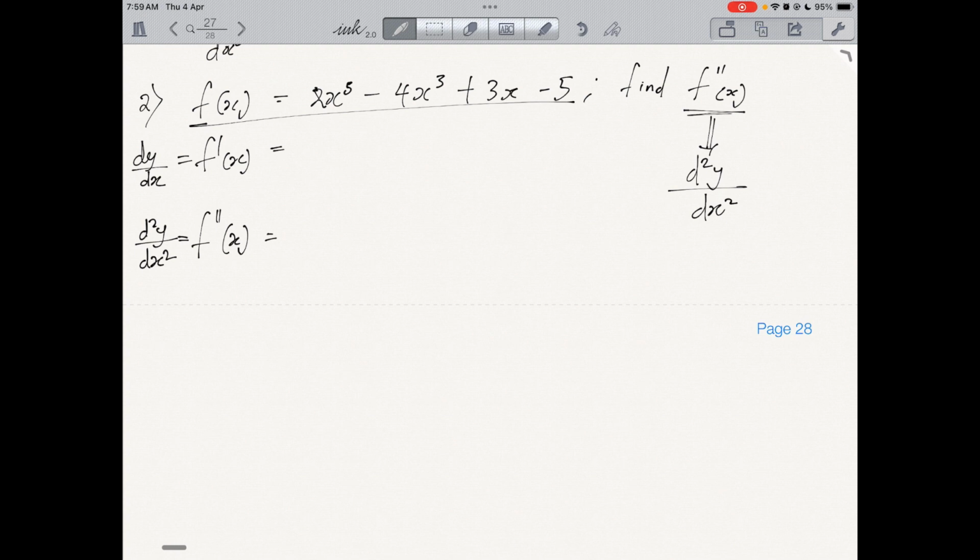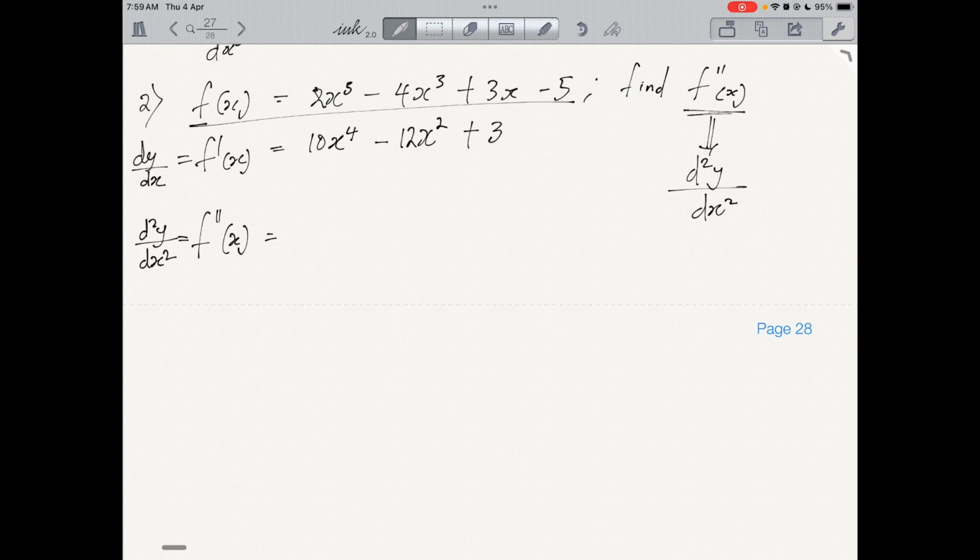So differentiating 2x raised to power 5, we have 10x raised to power 4. Differentiating 4x raised to power 3, we have 12x raised to power 2, and differentiating 3x, we have 3, and differentiating 5, we have 0. Let's differentiate f dash of x, or dy/dx, again to get d squared y/dx squared.